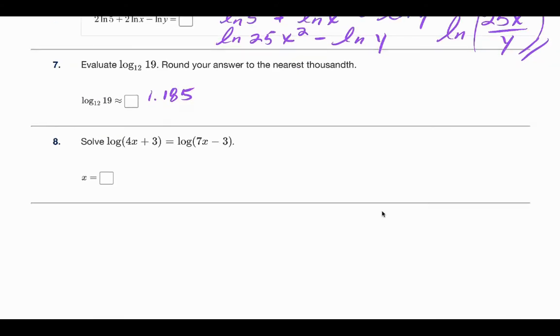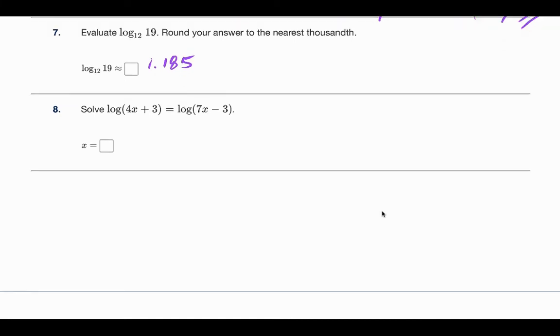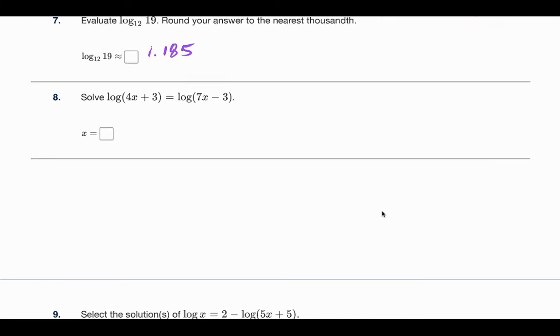All right, so let's see number 8 here. Solve log of 4x plus 3 is equal to log of 7x minus 3. So remember, if we have logs that are the same on both sides of the equal sign, then all we have to do is we should be able to say that 4x plus 3 is equal to 7x minus 3.